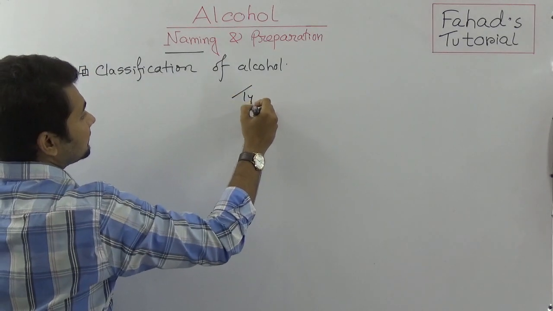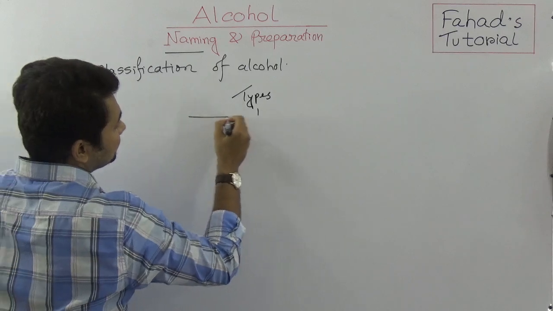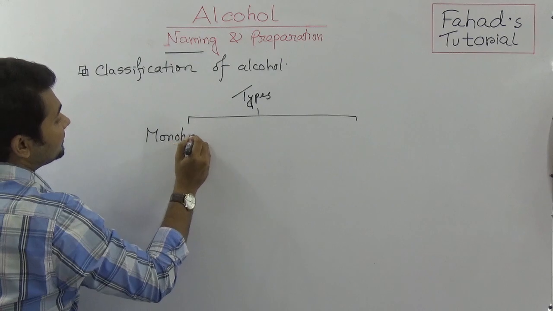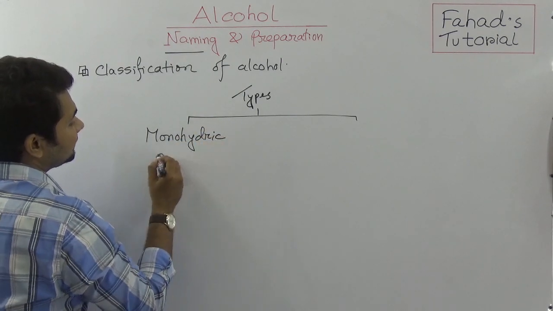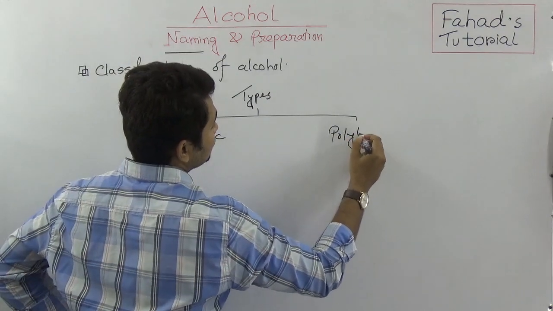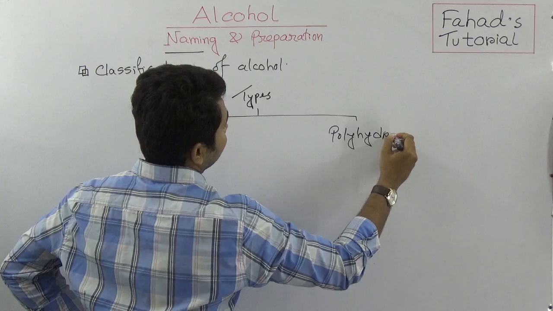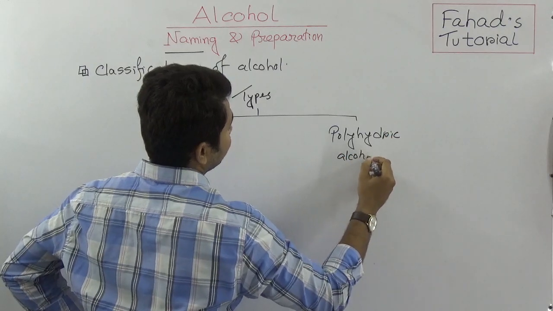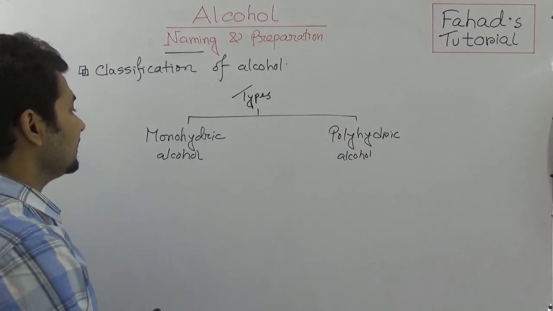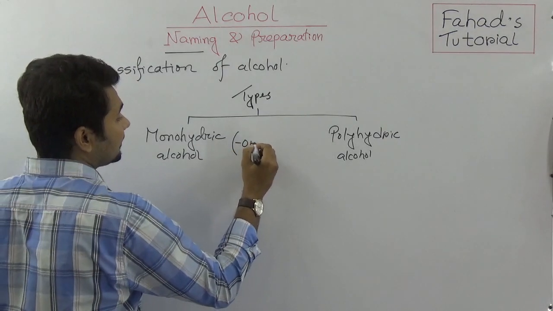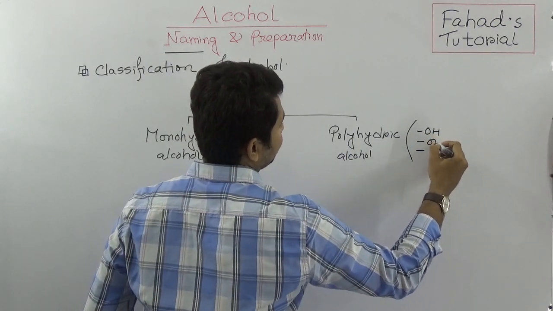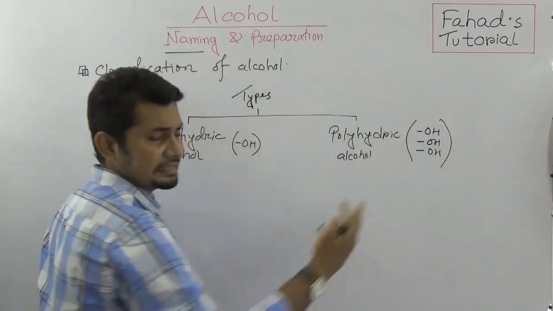Number 1 is monohydric alcohol, and in the other case we can say polyhydric alcohol. Very simply, monohydric means a single hydroxyl is present, but polyhydric means more than 1 hydroxyl, 2 or 3 hydroxyls, whatever.